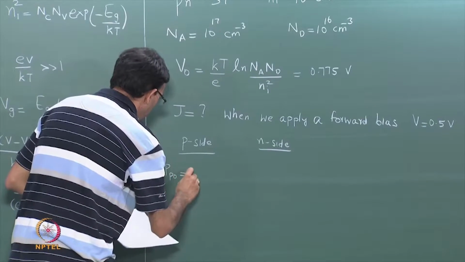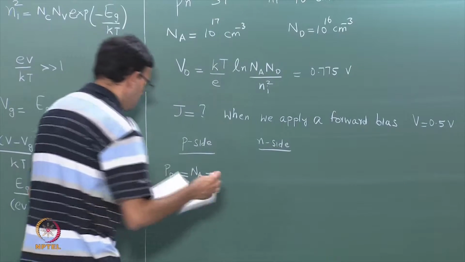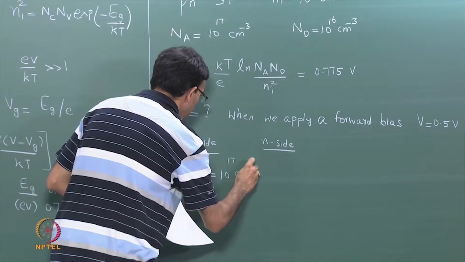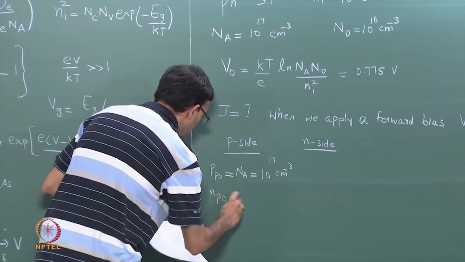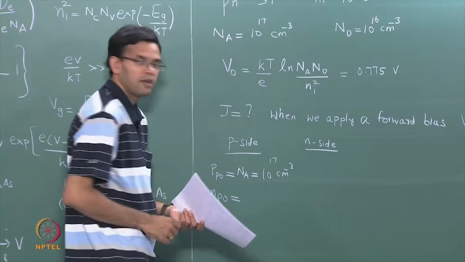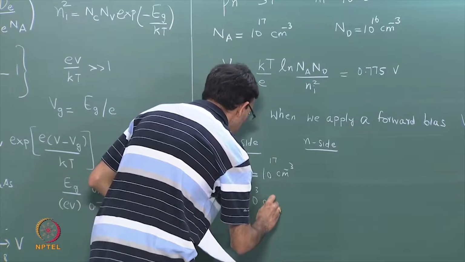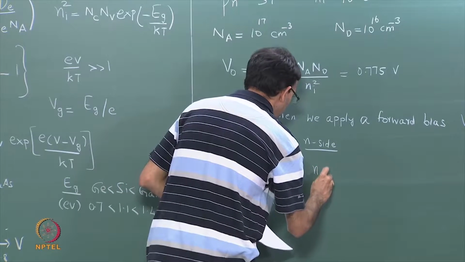If you write down the values, P_PO is nothing but Na, 10 to the 17th. The concentration of electrons will be just Ni square over Na, so that is 10 to the 3. Same way we can write for the n side.